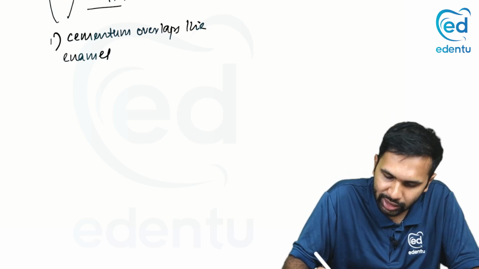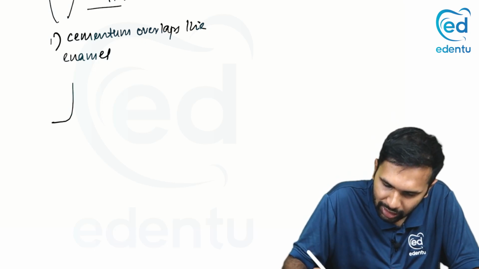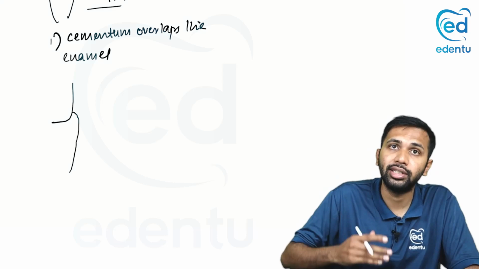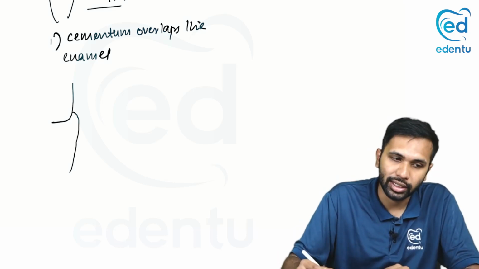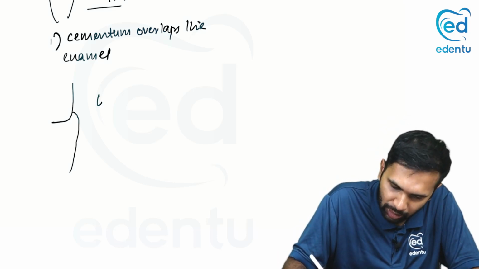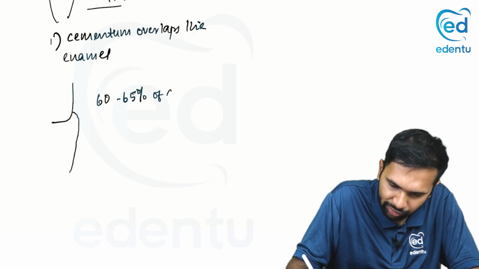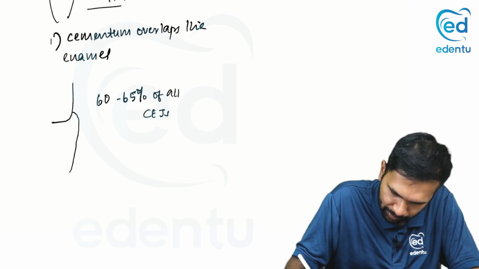If you look at this junction, if this is the enamel, the cementum will come and overlap the enamel like this. Cementum overlapping the enamel. It is the most common type, which accounts for around 60 to 65% of all CEJs.